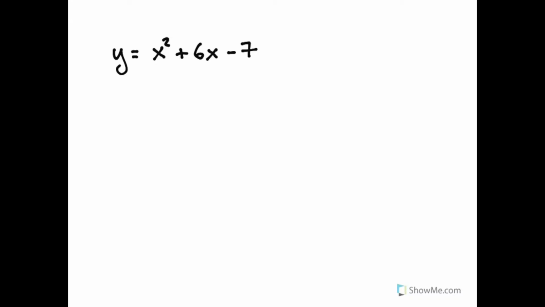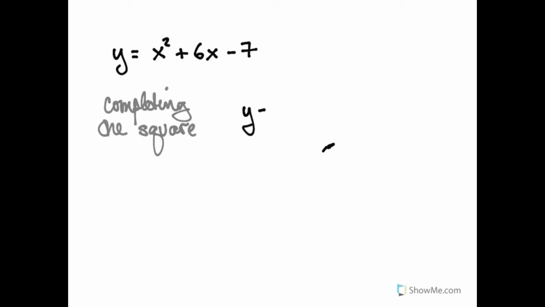I could convert it to the x minus h, the quantity squared form, by doing a process called completing the square. If you've never done that before, you can look at a video about completing the square, but the process is pretty straightforward. I take x squared plus 6x, and I'm going to add something to that to make it a perfect square, so that it will come out to be x plus or minus something squared.